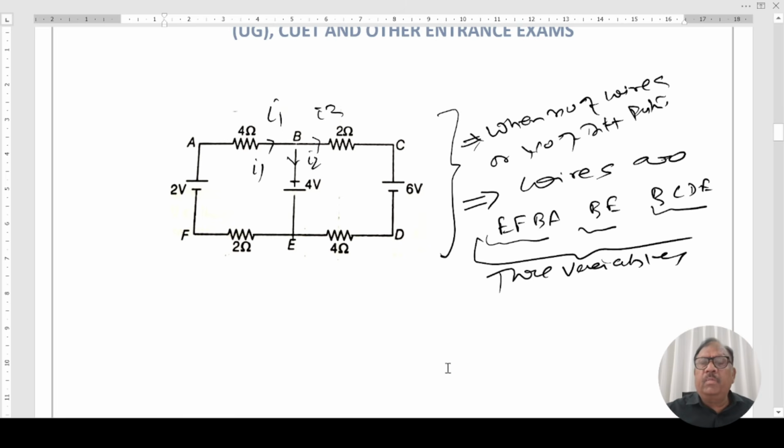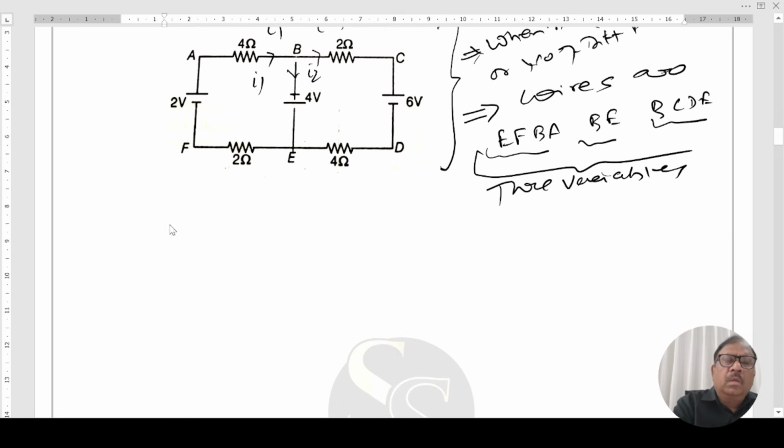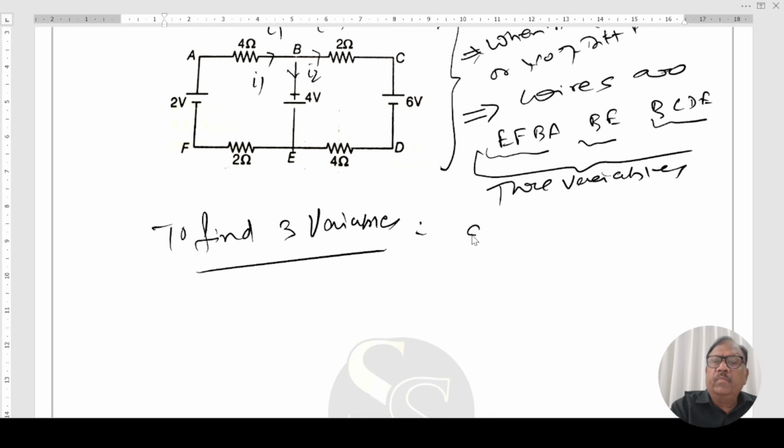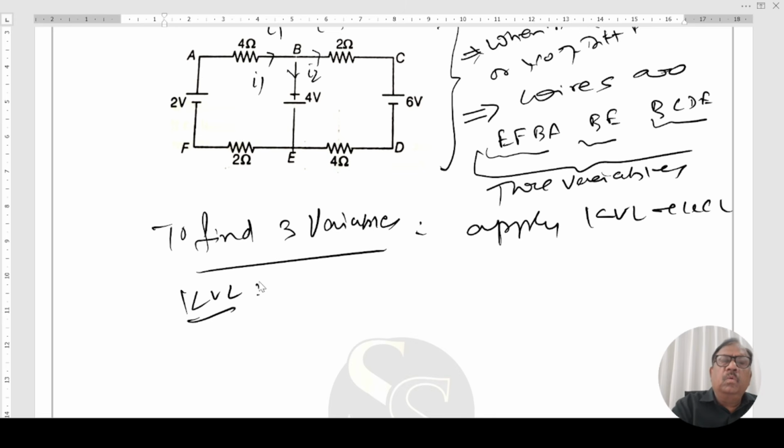To find the 3 variables, apply KVL and KCL. KVL can be applied to loop ABEFA.